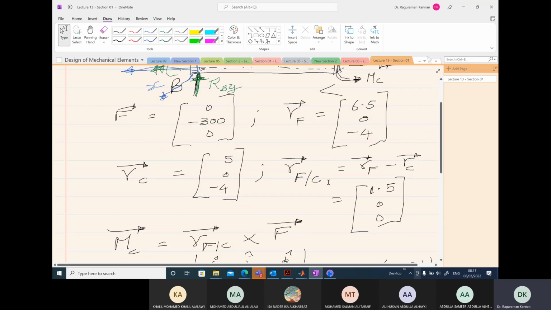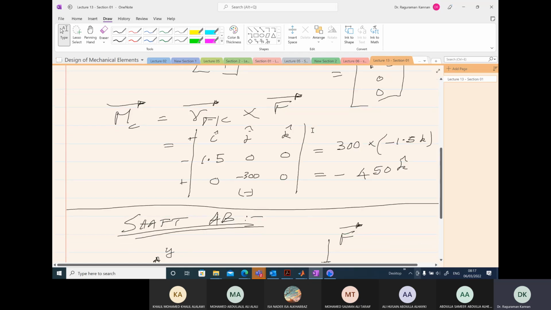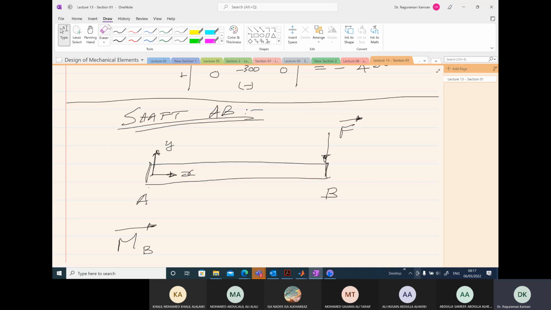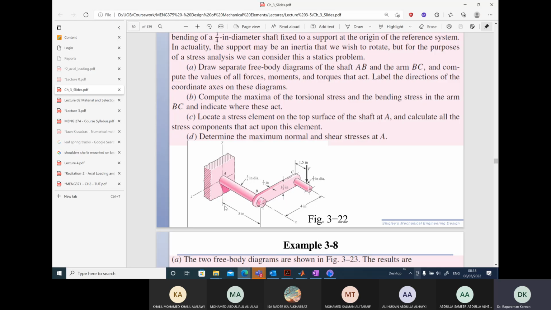So since we need it at the point B, we have the position vector for the point force F, but for point B, we need to write the position vector before we proceed. So let's first write the position vector for point B. The X value is not 0, the X value is 5, Y value is 0, and the Z value is 0.